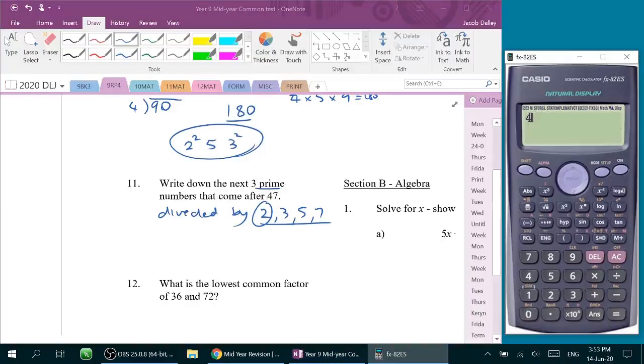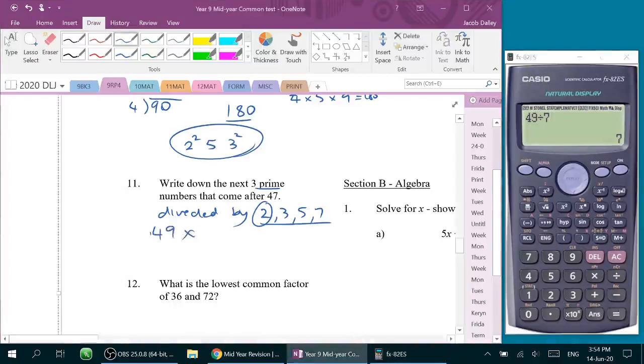Nope. 49 divides by 7. Yes, it does, because 7 times 7 is 49. So it's not 49. We'll just cross off 49. Next possible one could be 51. So let's check that. 51 divided by 3, 17. So it's not that. 3 times 17 is 51.